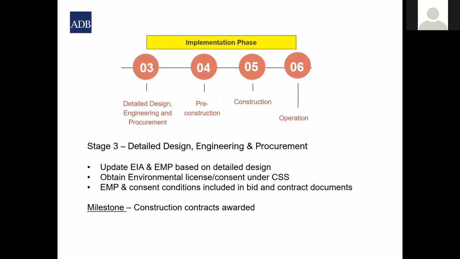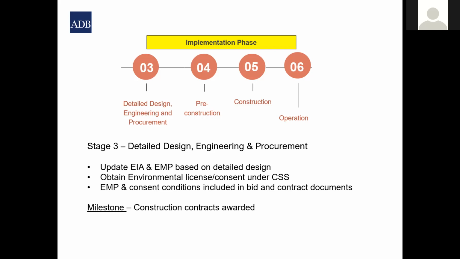The EIA and EMP have been updated based on the detailed design. We've obtained environmental license and consent under the country safeguard system, based on the approved environmental management plan. The environmental management plan and consent conditions have been included in the bid and contract documents. The milestone for the end of stage 3 is that construction contracts are awarded.